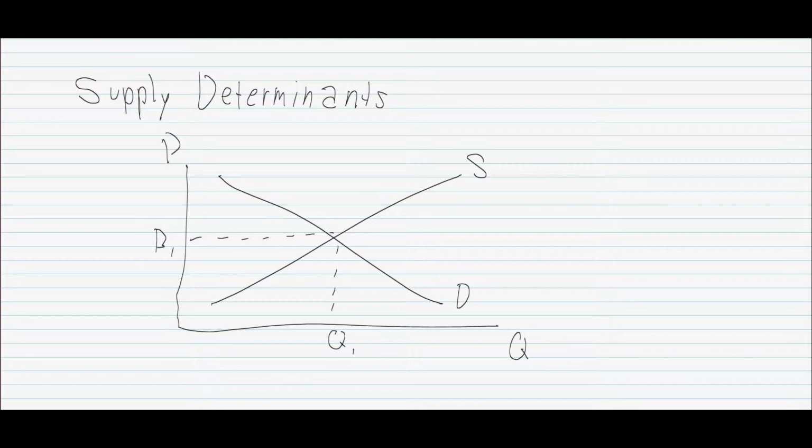Okay, here are the supply determinants. There's actually an acronym just like for demand determinants. It's ROTTEN. R is resource goods. O is other goods prices.